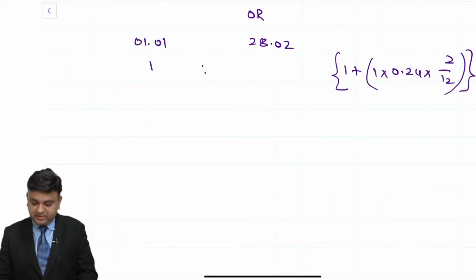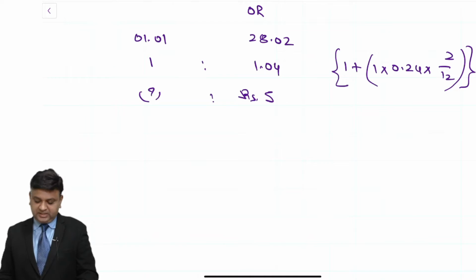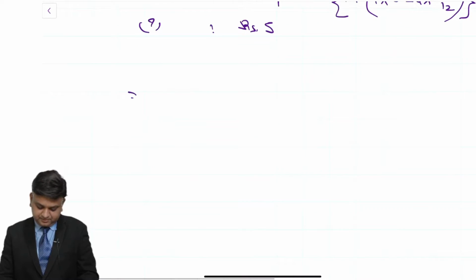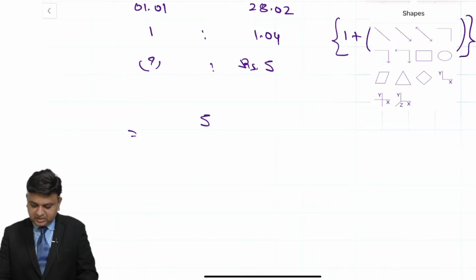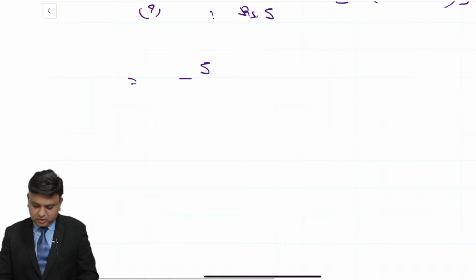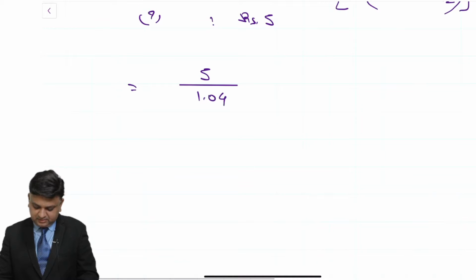So this 1 rupee will become 1.04 after 2 months. After 2 months you are going to receive an amount of rupees 5. So what is the present value of the same? That is the present value of the dividend income: 5 divided by 1.04. So we have computed the discounted value of the dividend. This is the discounted value of the dividend.